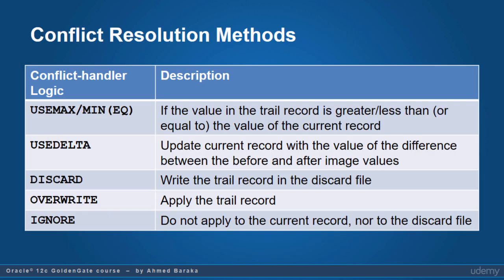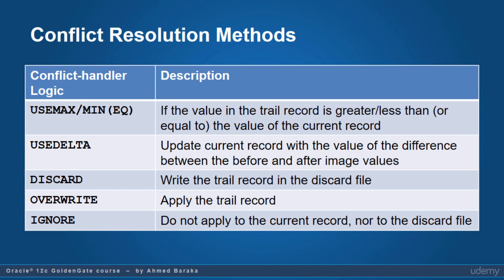This is a list of the conflict resolution methods that you can configure in the RESOLVECONFLICT parameter. The first row is actually a short form for the methods USEMAX, USEMAXEQ, USEMIN, and USEMINEQ. If you use, for example, the USEMAX method, the replicat process will check the value of the given column in the updated record.